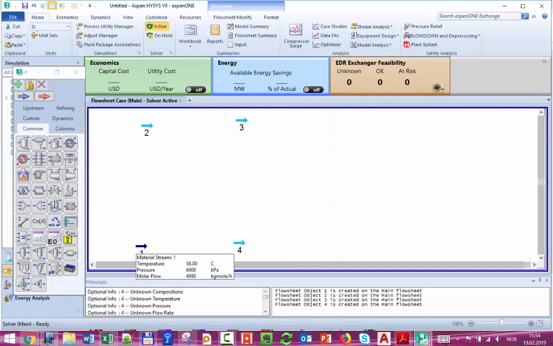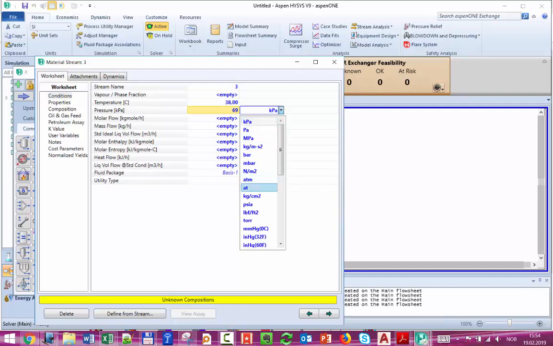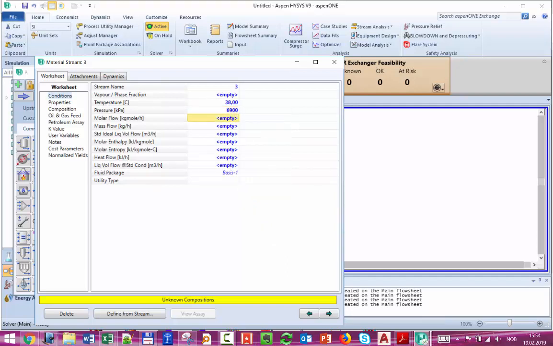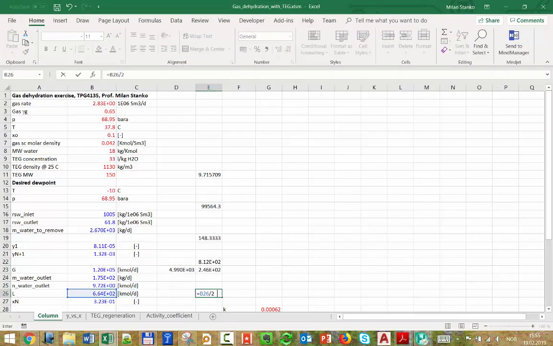The other thing we need is the TEG inlet. There we had, again, 38. Then the pressure was 69 bar, because we are using a pump to reach that pressure. Molar flow, that will be L, and L was 664, let's change that to hours, divided by 24, 27.7.